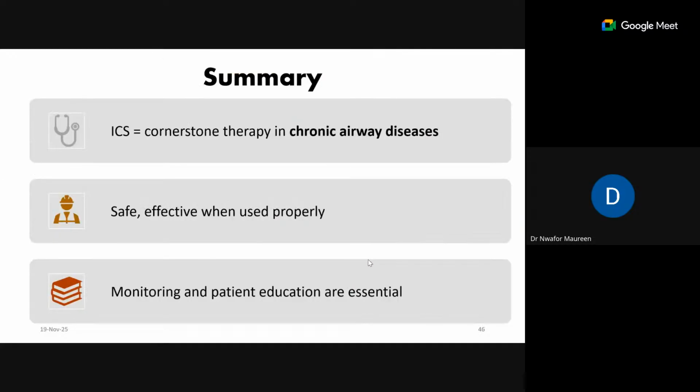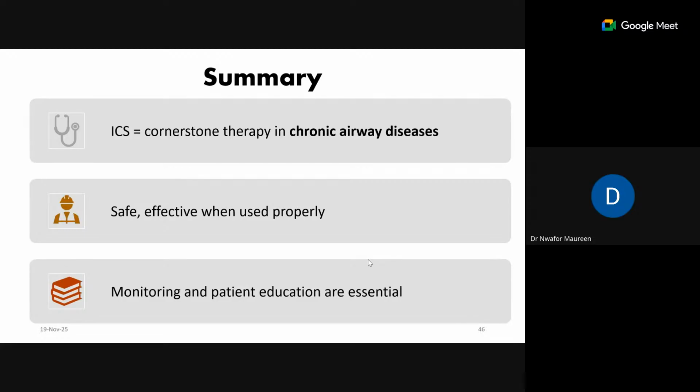In summary, inhaled corticosteroids are the cornerstone therapy in chronic airway disease. For airway disease that lasts a very long time, it's a cornerstone therapy. Remember, not just for rescue attacks. For that, we prefer to use beta 2 agonists.